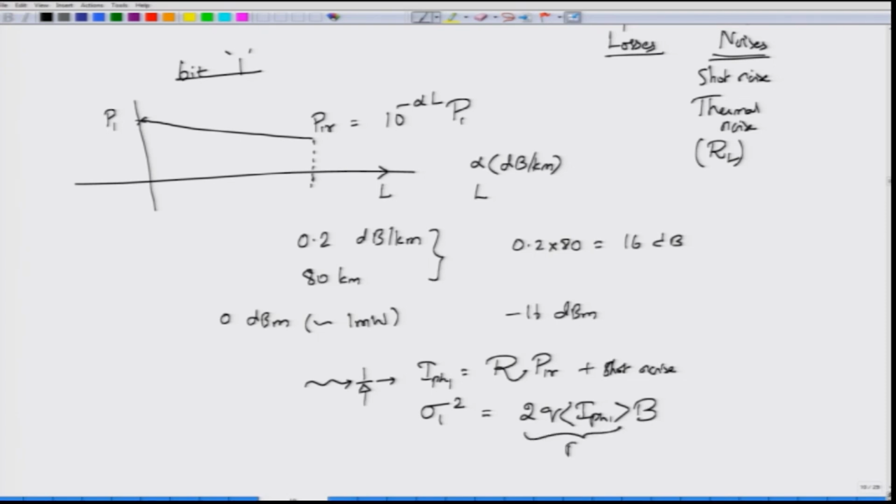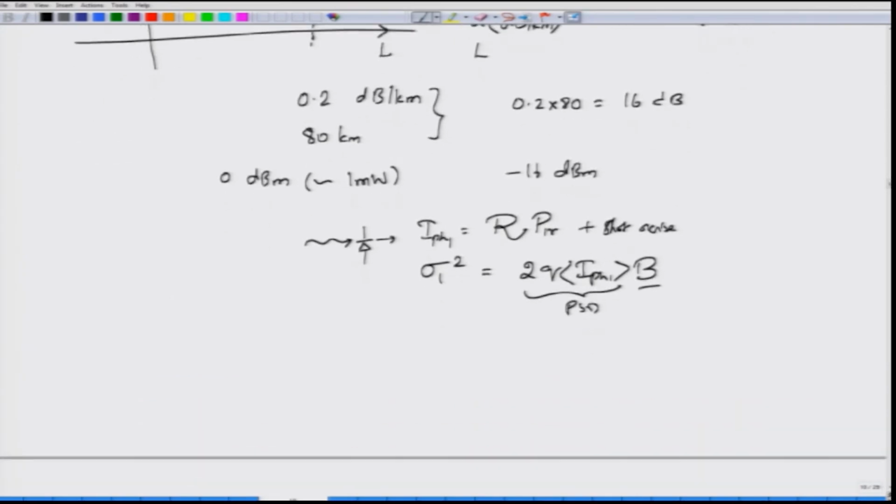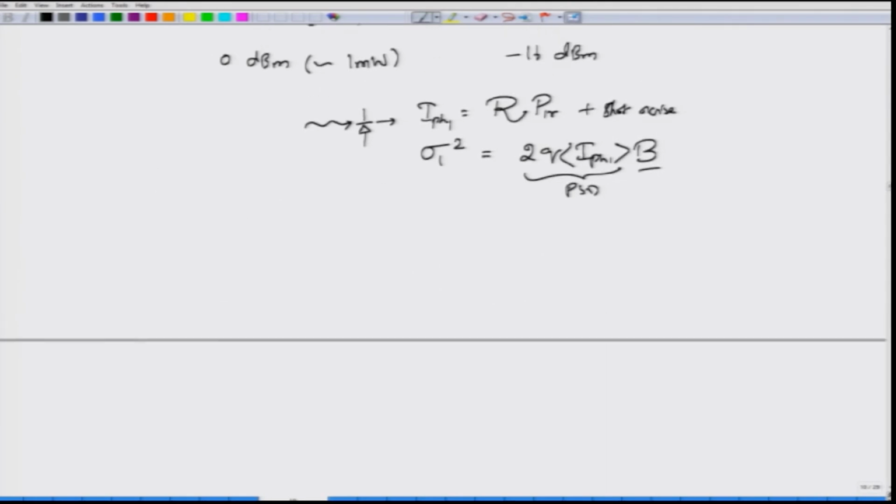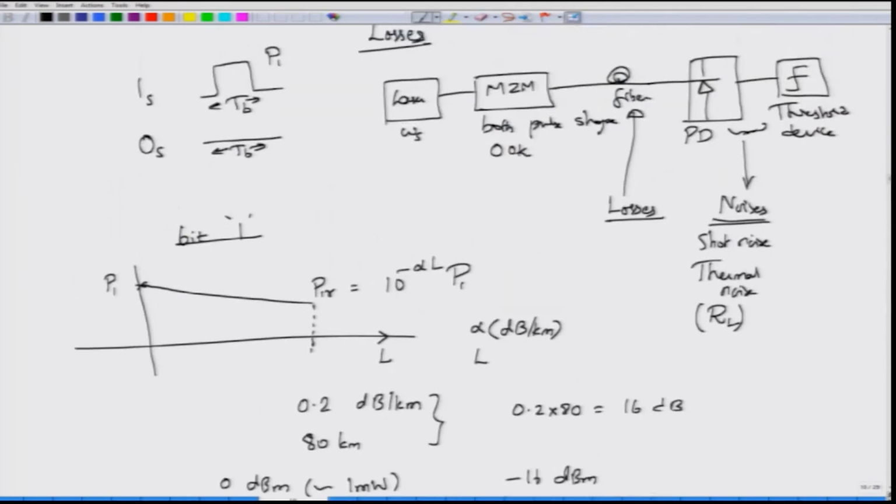So, this is the power spectral density that you are looking at, and this is the bandwidth. You assume that the optical filters you are going to put are pretty large in bandwidth. Normally, before you even put this through the photodetector, you put an optical band pass filter. Its bandwidth should be sufficiently large compared to the electrical bandwidth, and we have assumed that condition.